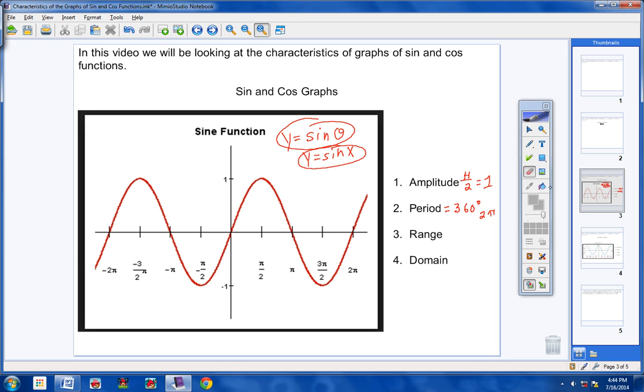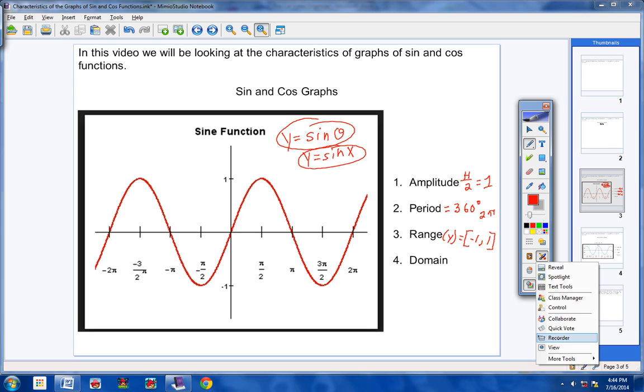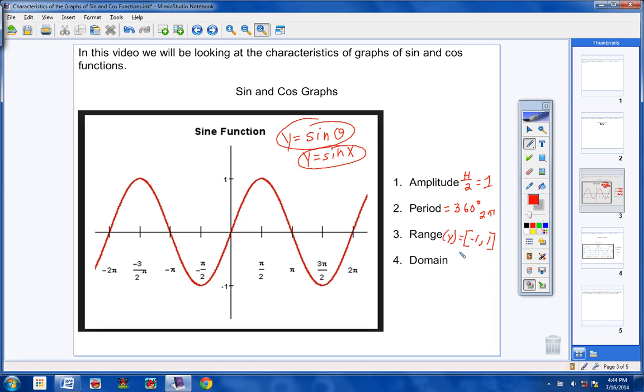Now, let's take a look at the range. If you've forgotten this from Algebra 2, let me refresh your memory, okay? The range is what the graph is doing in respect to the y values. So the range goes from -1, comma, to 1. This is called bracket notation.